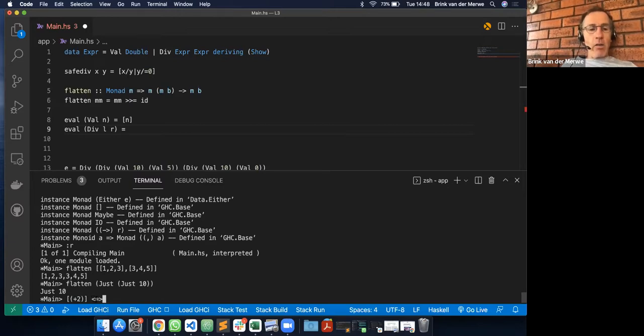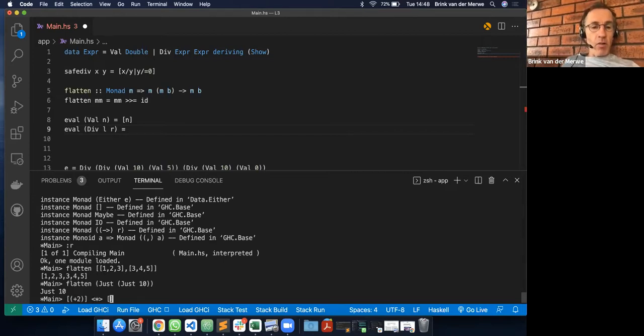And now I use this operator, I'm not sure what the right name is, but it's a star inside angle brackets. That's the operator you need in order for something to be an instance of the applicative type class. Both lists and maybe are instances of applicative. So let's now apply it to the list 3, 4.